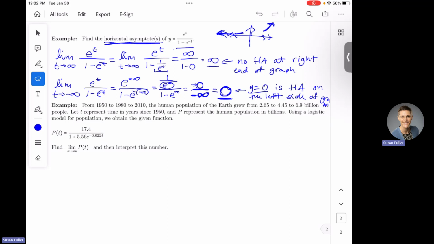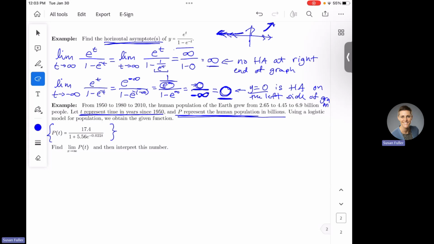If T represents the time in years since 1950, so T is the number of years since 1950, and P is the human population in billions, then we have this, which is called a logistic equation. That's just the format of this equation, a logistic function.